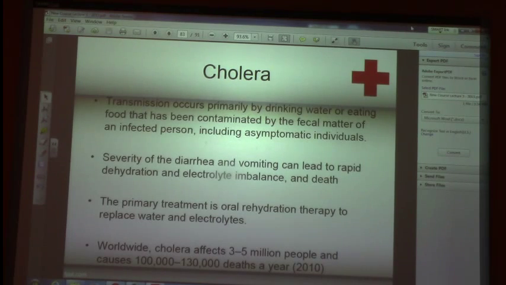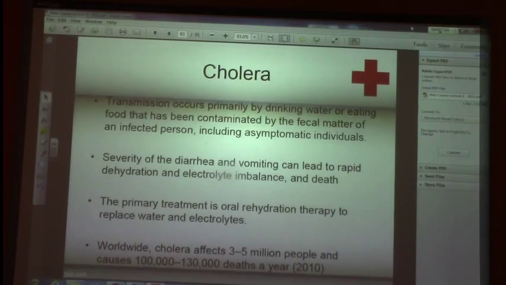As such, individuals that are asymptomatic can also transmit the bacteria. The severity of the diarrhea and vomiting that arises from a Vibrio cholerae infection can lead to rapid dehydration, which then leads to improper electrolyte balance, and ultimately, if this is not corrected, death will ensue.